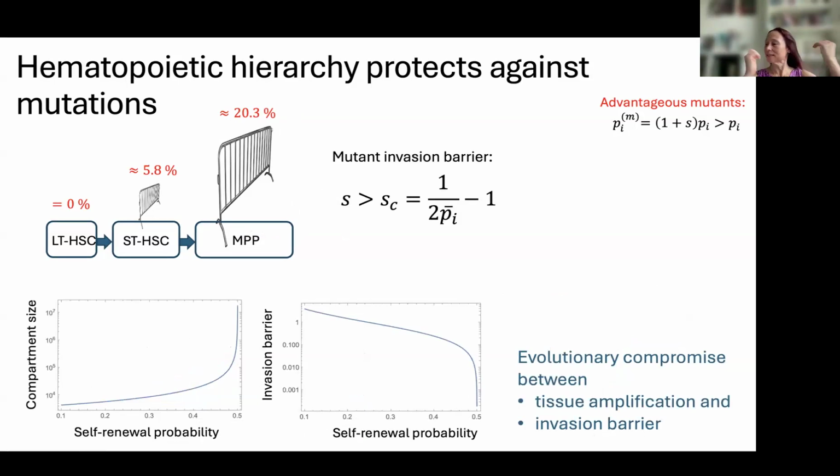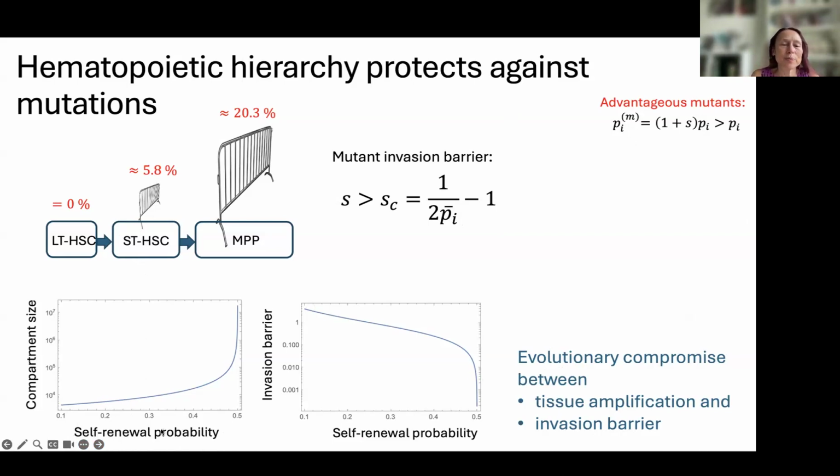So the next slide shows one of these trade-offs that nature faces when designing tissue. We're not talking about real design, we're talking about evolutionary optimization, right? So it has to optimize over different things, and sometimes it needs to compromise. So let's take the self-renewal probability, for example, in this compartment.